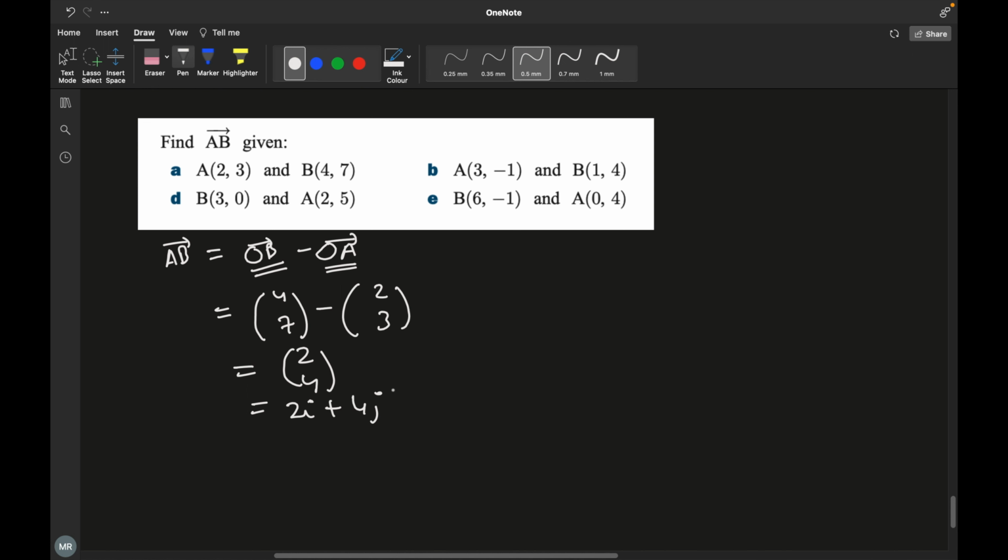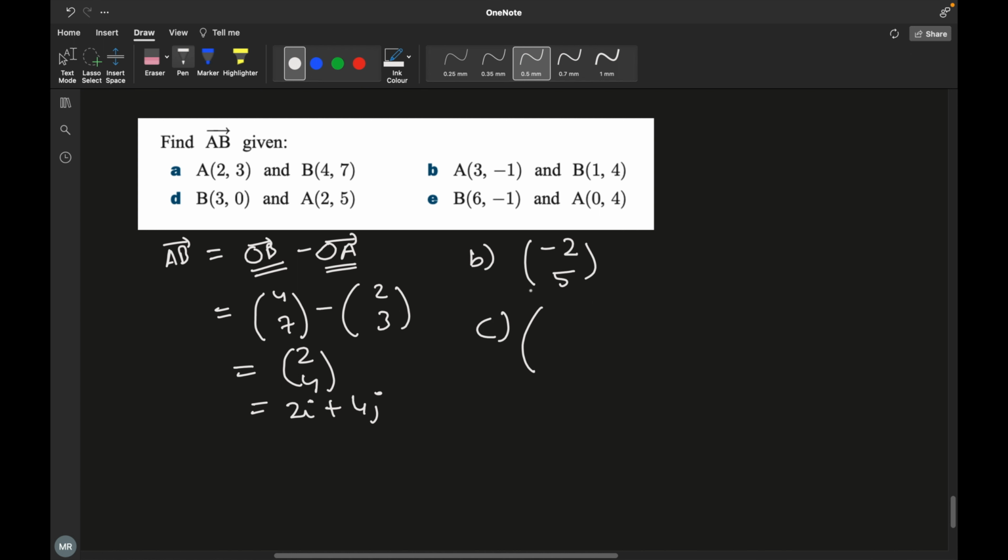You can do the same thing for the remaining questions. So this is going to be question B. This is going to be 1 minus 3. Therefore, it's going to be -2. And 4 minus of -1, which is 5.